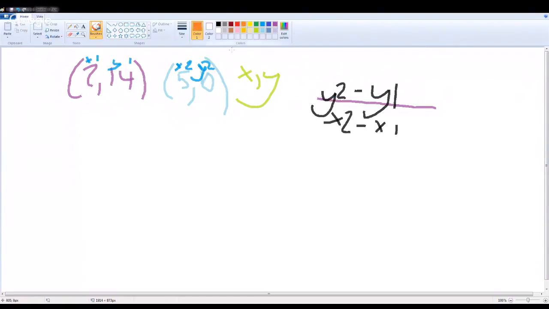So let's go ahead and get that. So y2 minus y1. So 10, 14. Oh, Lord. I picked the wrong numbers. Okay, we're just going to change this as 10 and this one as 14.